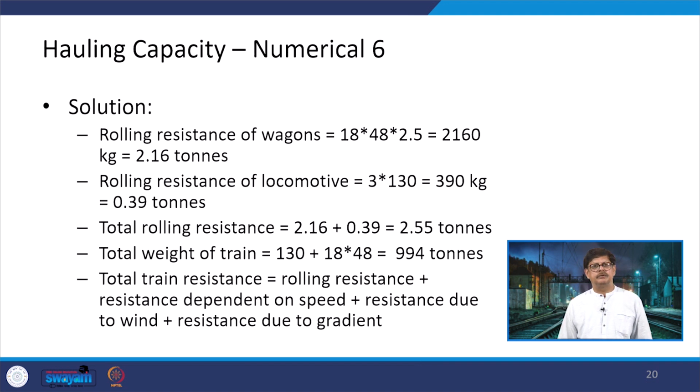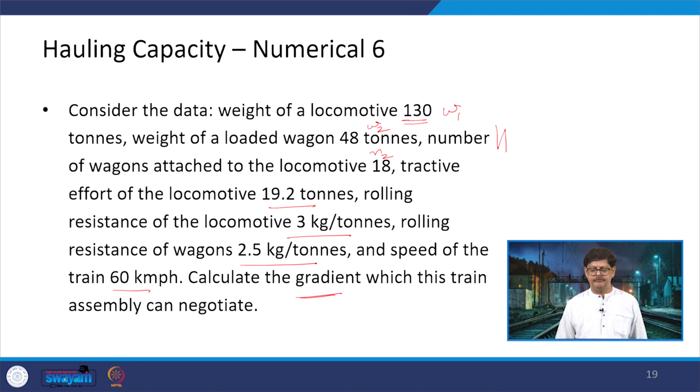First of all, we have to find the rolling resistance of the wagons. The rolling resistance of the wagons is 18 into 48 into 2.5. Let us go back: 18 is the number of wagons, 48 is the weight of one wagon, and 2.5 is in kg per ton.